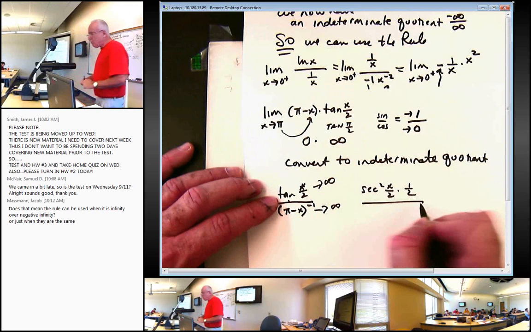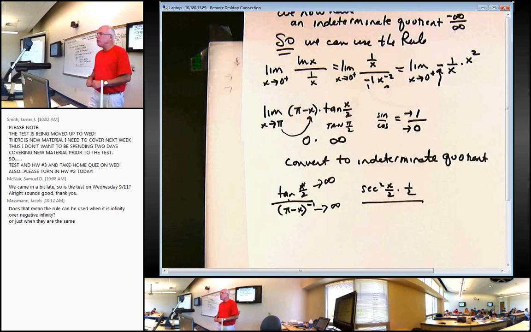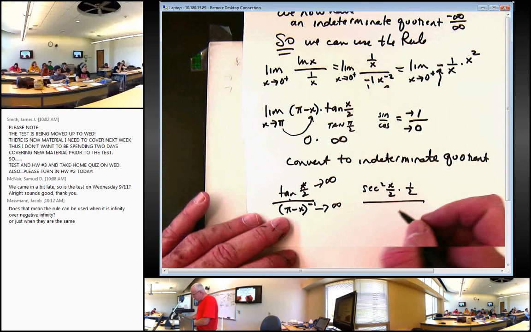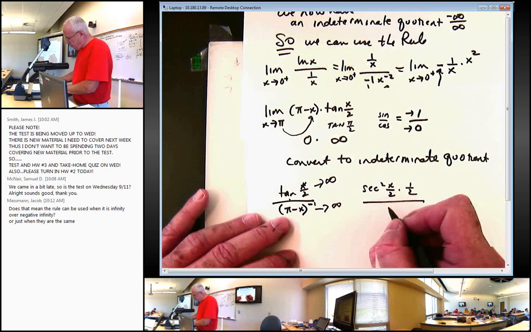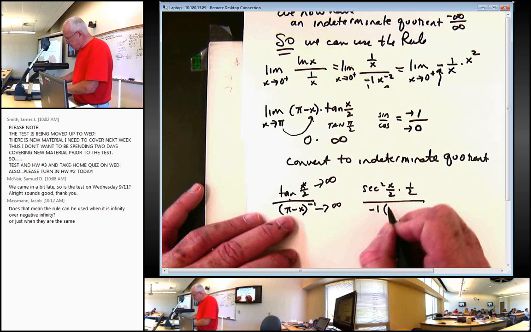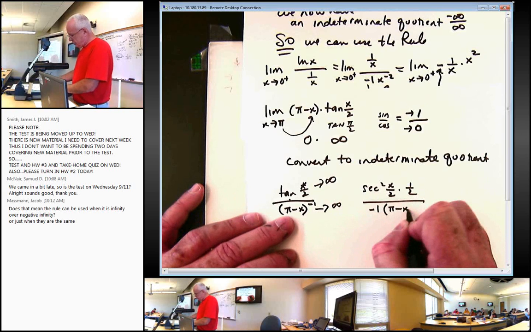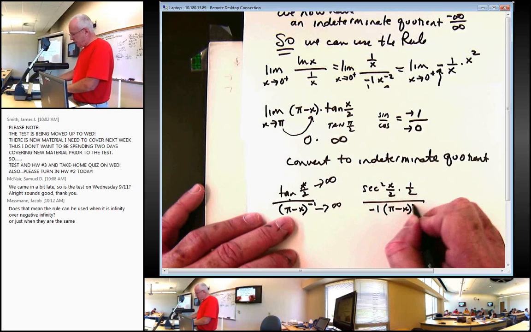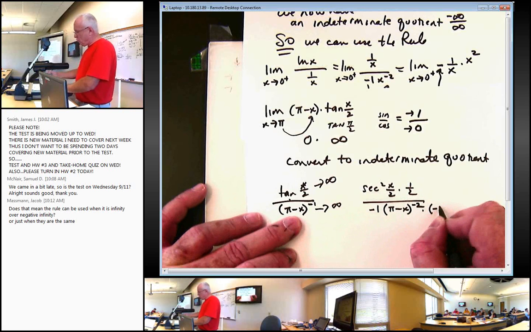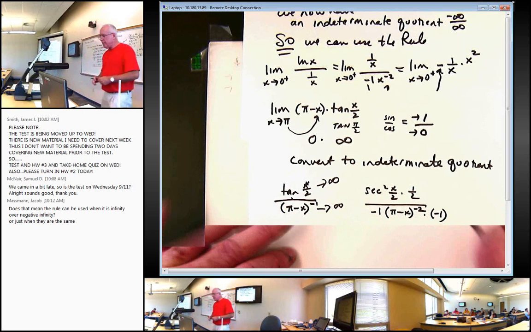But then look what kind of a mess we end up down here. We have minus 1 times pi minus x to the negative 2 power. And then we use the chain rule, and we have to then multiply by a negative 1.